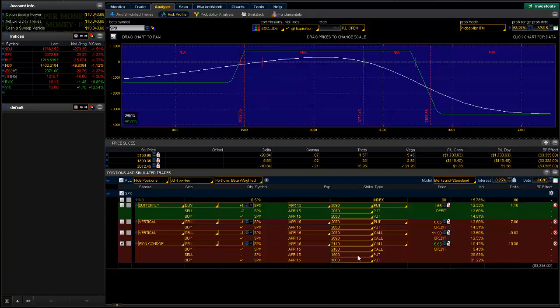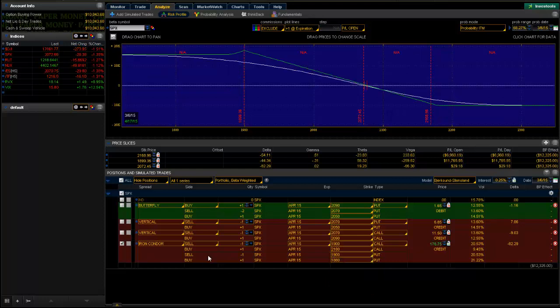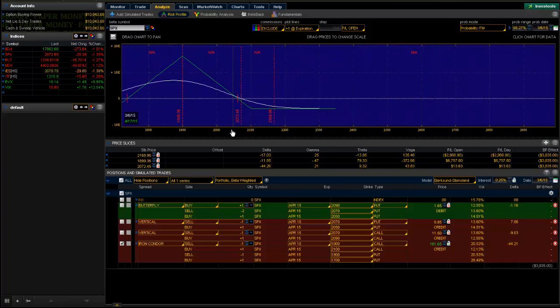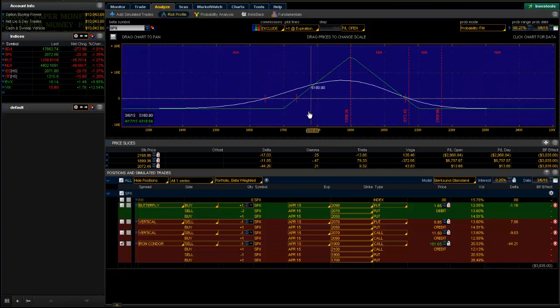So let's say we have 1900 on the put side and we bring this all the way down to 1900 on the call side. The wings have to become the same distance, so 1900 to 1700, 1900 to 2100. Now what you have created is an iron butterfly where the shorts are the same.